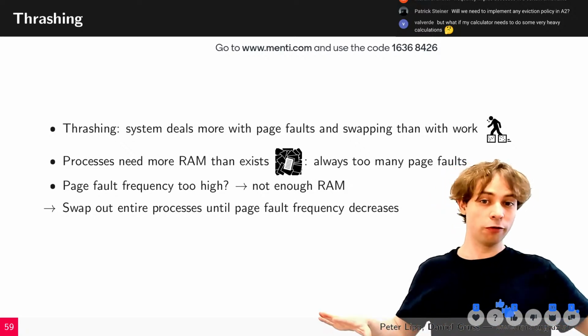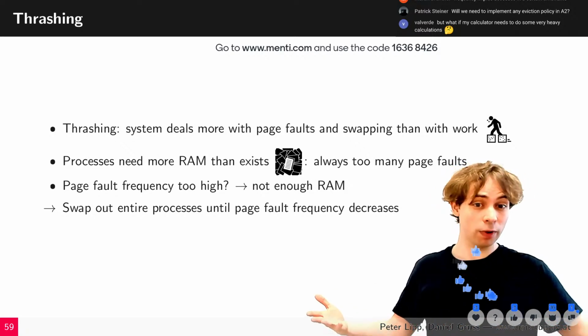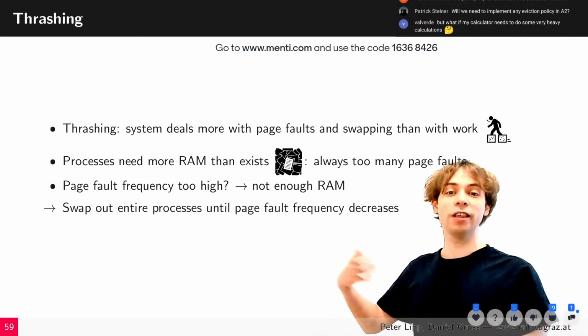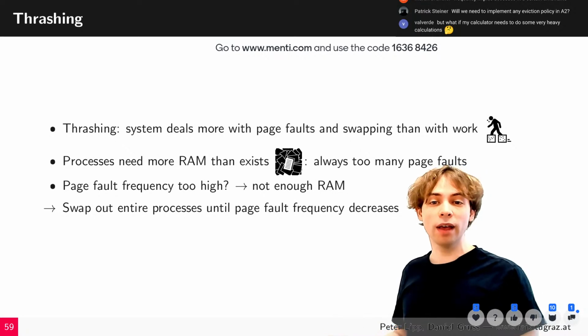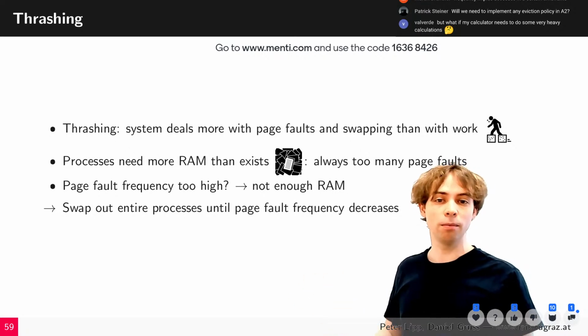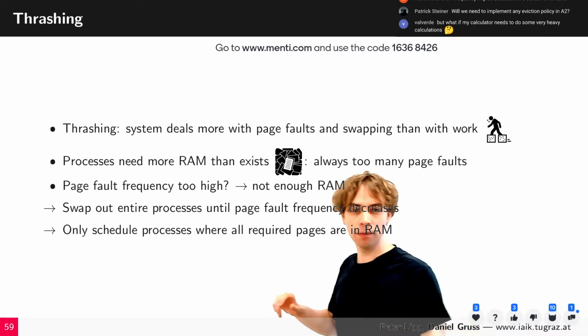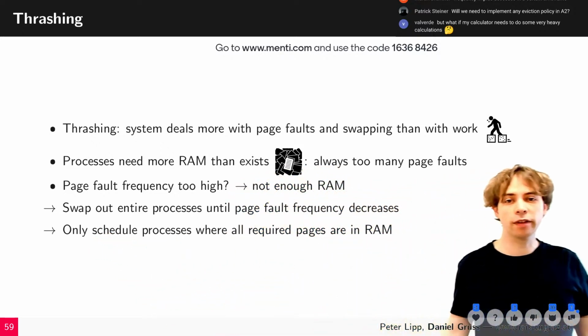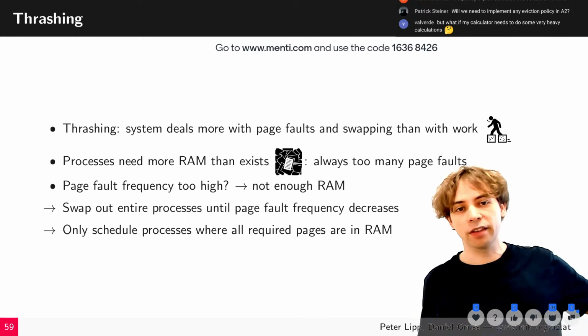And the page fault frequency should decrease then because we have more memory available. And then we schedule it later as soon as we have more memory available again, because some other process is terminated. So another approach here would be to only schedule processes where all required pages are in RAM.